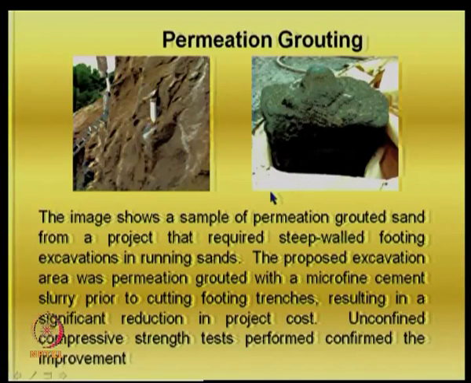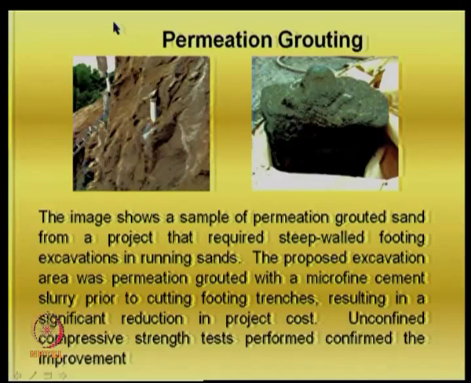So, when you treat with permeation grouting, imagine this is a condition next to a foundation. You have a foundation at the top on a hilly slope, and the foundation area is now exposed, and if there is rain the whole foundation soil gets washed away.